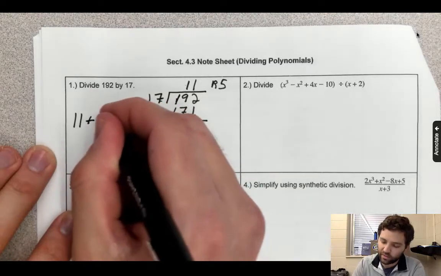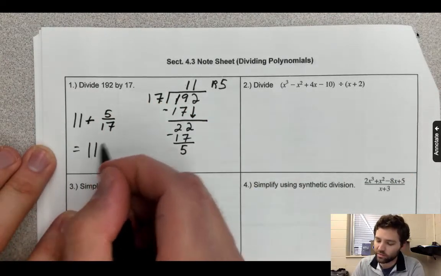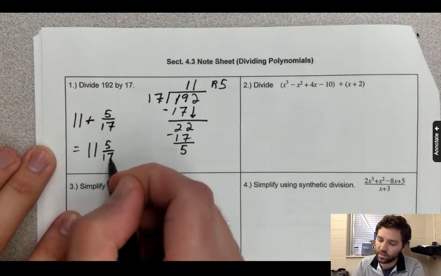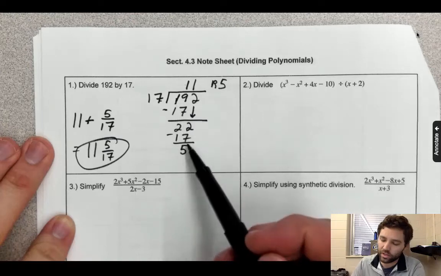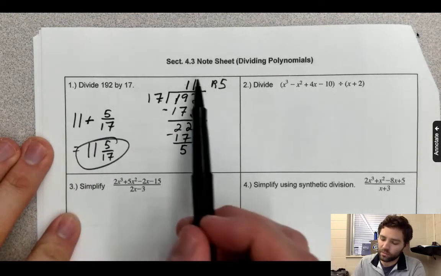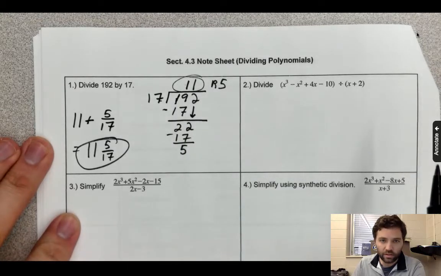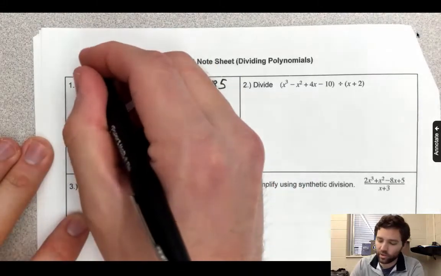So 11 plus 5 over 17. And when you do that, you get just 11 and 5/17. Okay, so that's how long division worked. Do the division, get your remainder, and then write your answer as your quotient, 11, plus remainder over divisor. Remainder over divisor. Might even be worth writing that down.